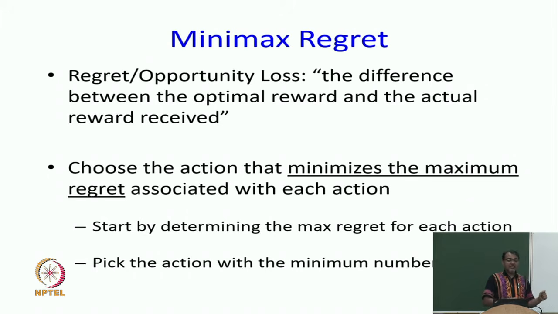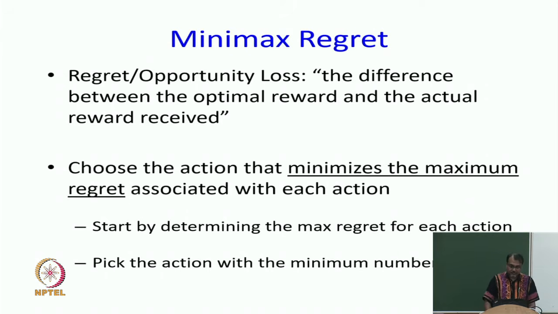So, difference between the optimal that I would have got after knowing the information minus the actual that I got, that is the regret, and I want to minimize the maximum regret. So, I want to say that I will pick an action which minimizes how much I am going to feel bad in the worst case.